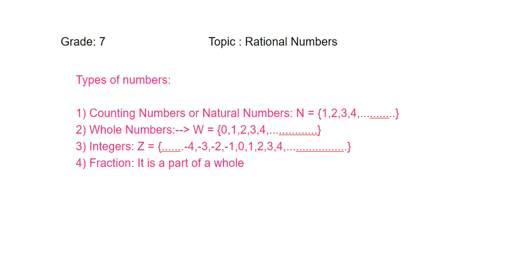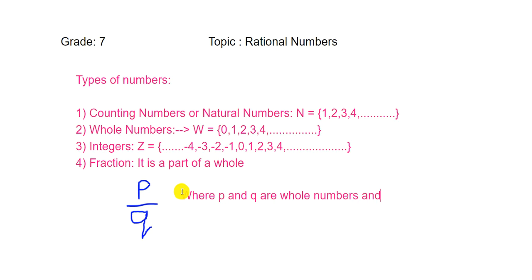And how do we write a fraction? We write a fraction in the form of p upon q. Now what is p over here and what is q over here? So p and q are called whole numbers. So in a fraction, any number which can be written in the form of p upon q, where p and q are whole numbers, and there is one more condition.